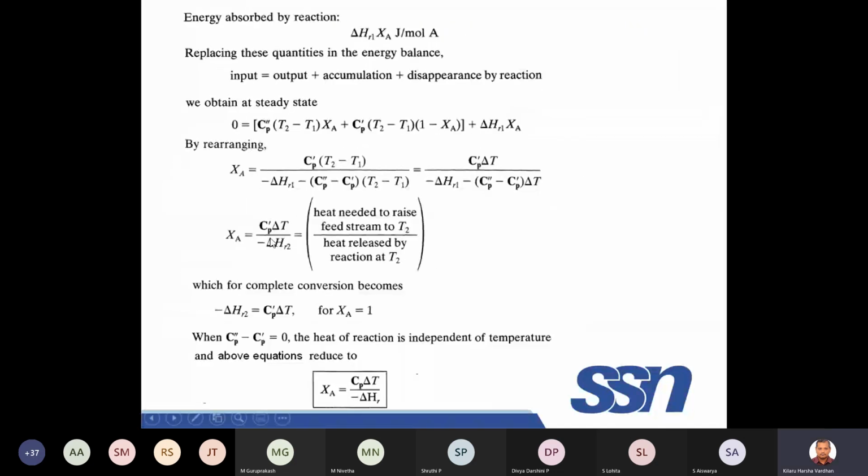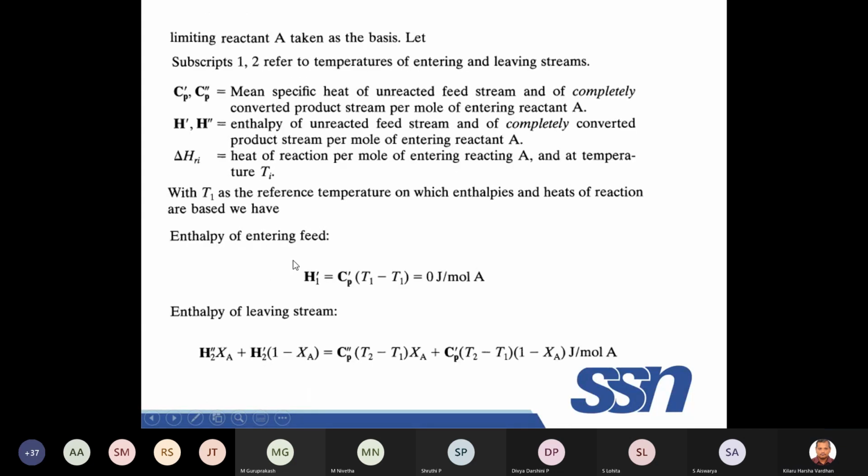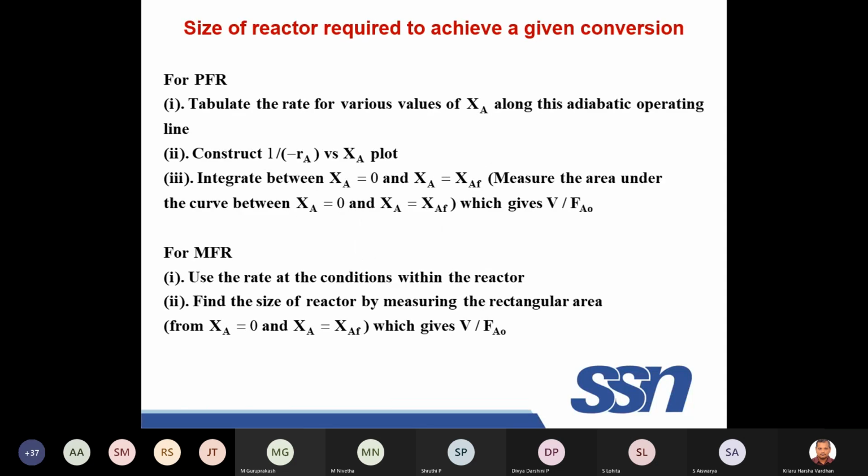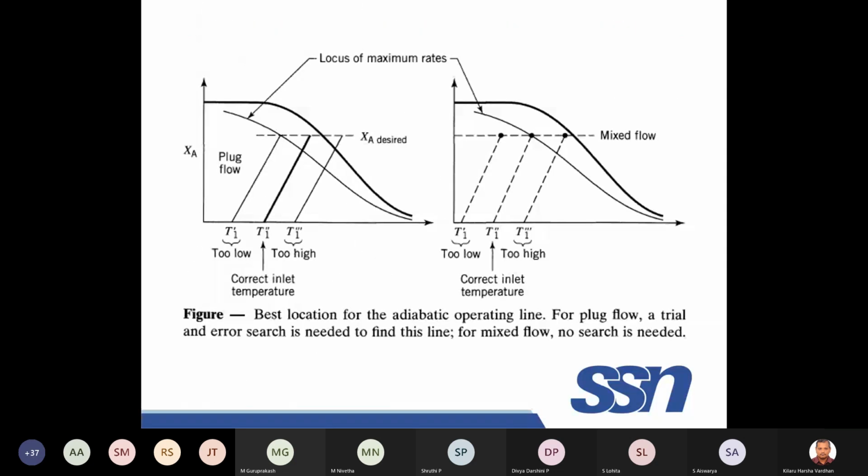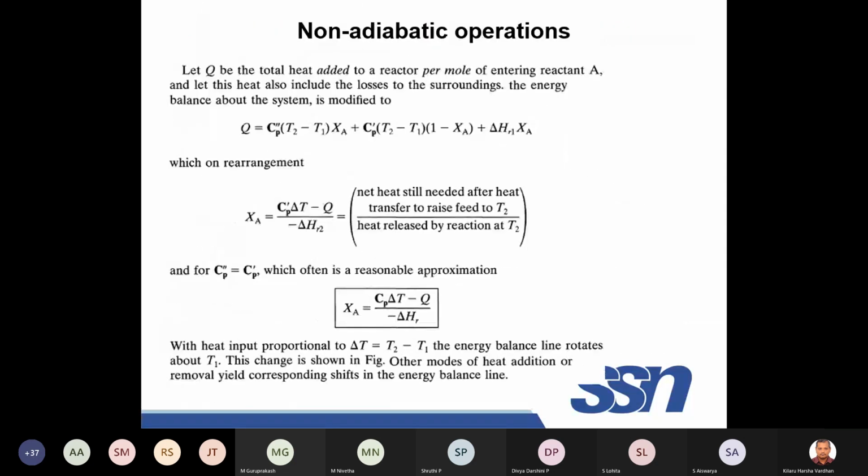You can see here XA. XA versus T, XA versus T. This is the curve. From this, the rest of the thing is all the same.